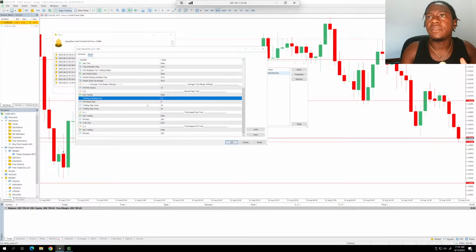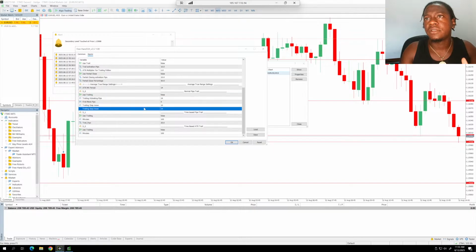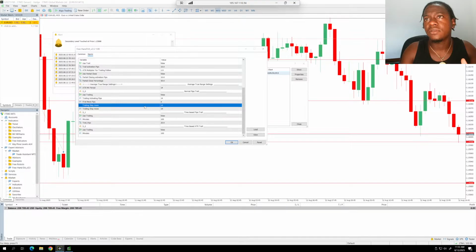First move is the break even. Step move is 10. I don't know why I didn't.